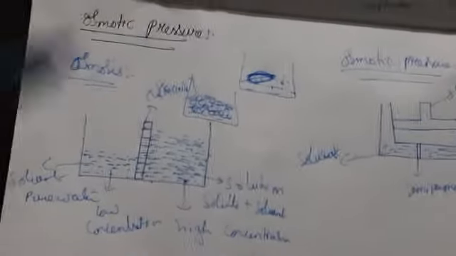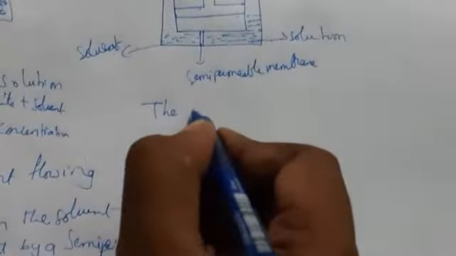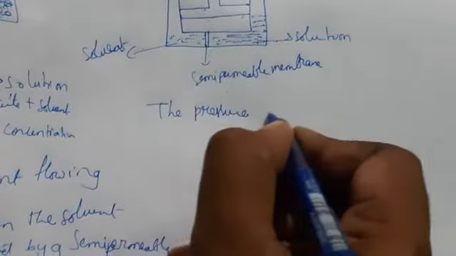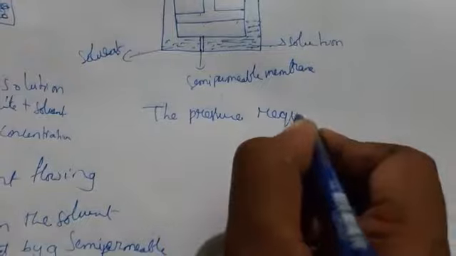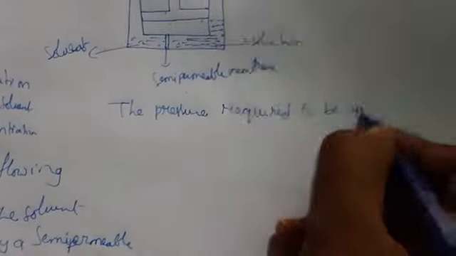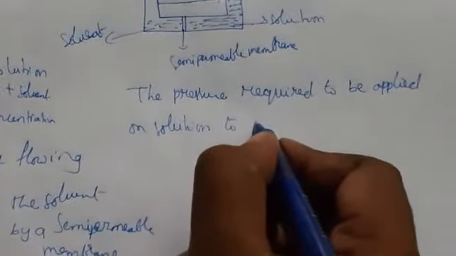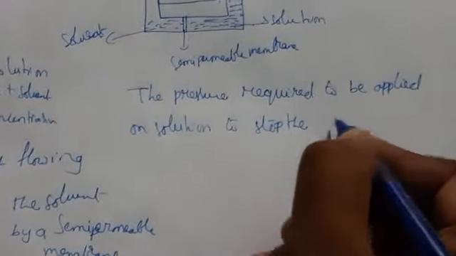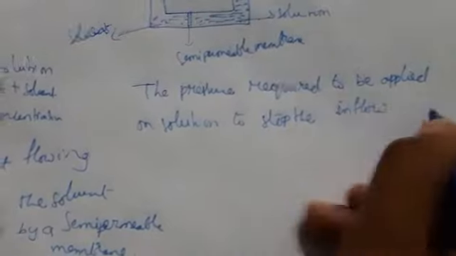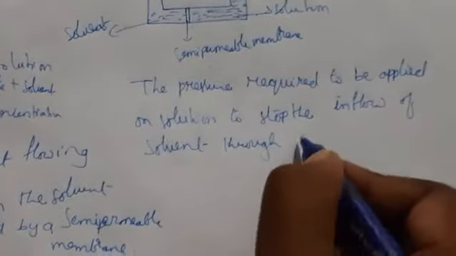So this pressure we also call hydrostatic pressure. What we can say here, the hydrostatic pressure, or the aqueous pressure, is the pressure required to be applied on the solution to stop the inflow of solvent through the semi-permeable membrane.